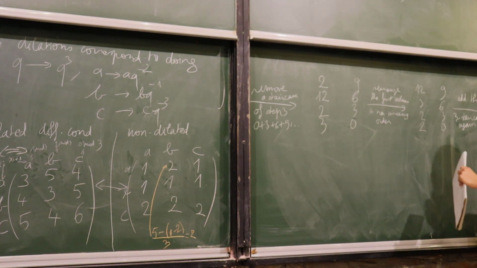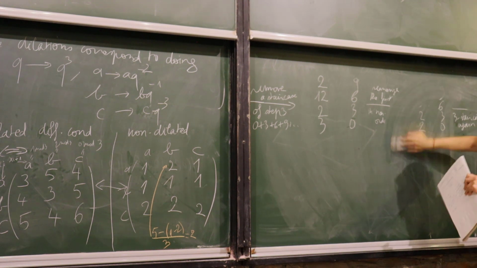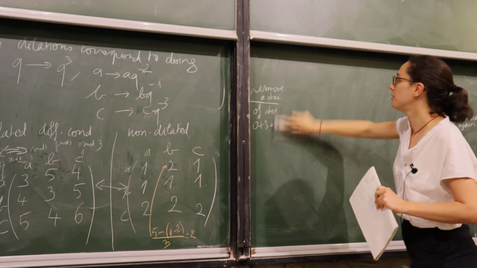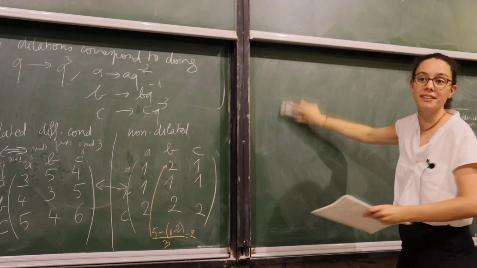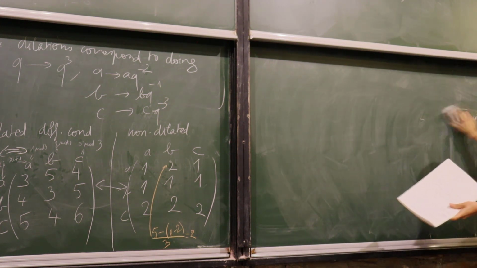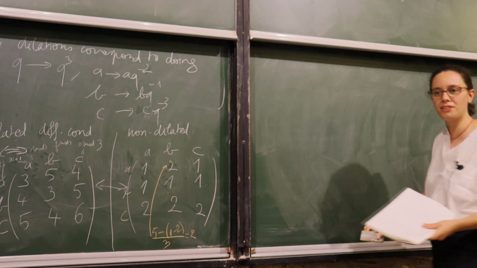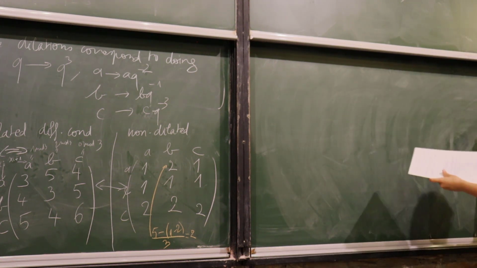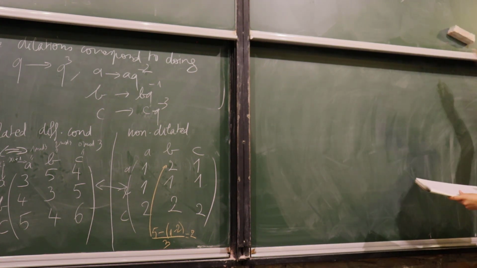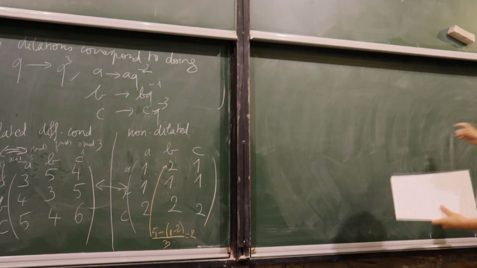And I will tell you a bit about two different approaches for that. The original approach is, of course, by Andrews and Gordon, and there is another approach by myself. And they are quite different.